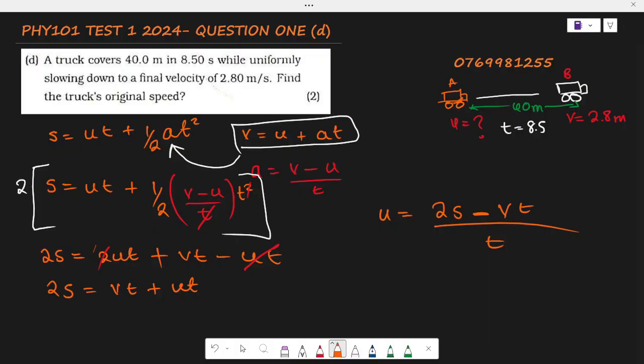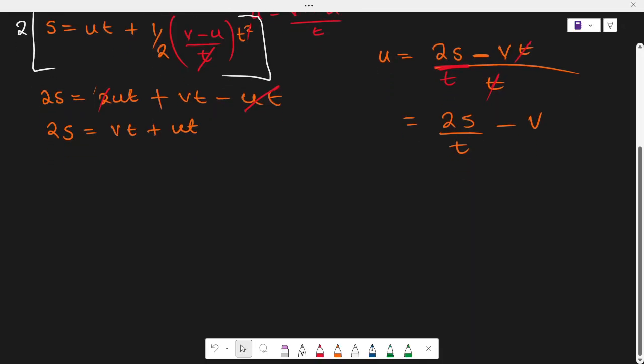Now we can actually simplify it a little bit further by cancelling out this t, and we'll just have a t here. Yes, and in simple terms it will be like this: u is equal to 2s over t minus v, like that.